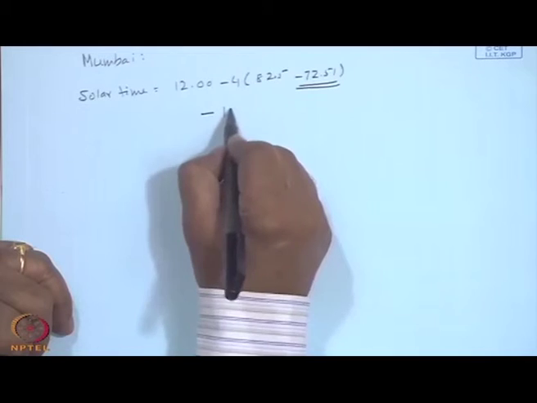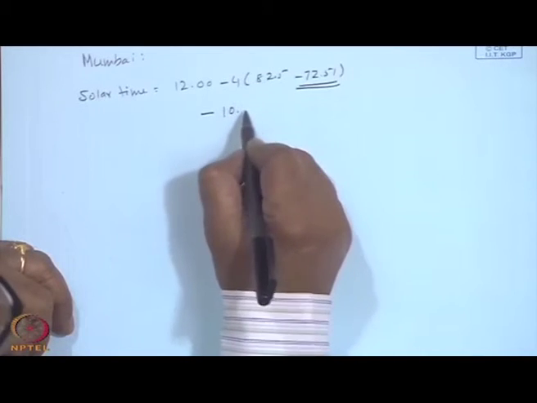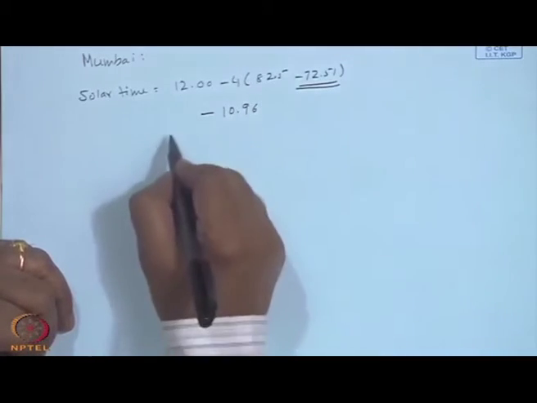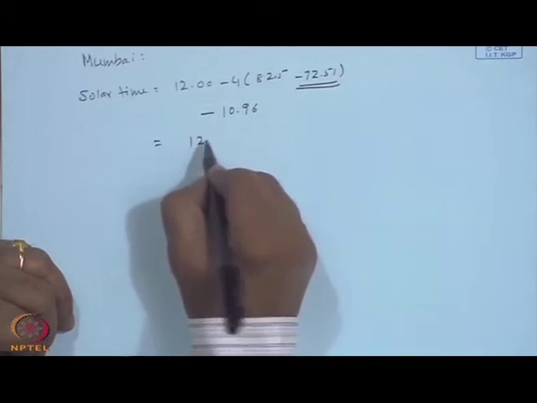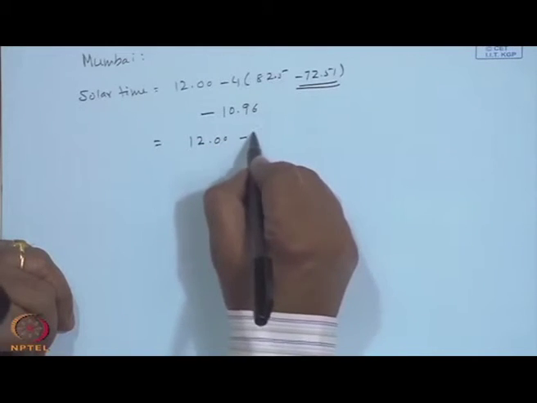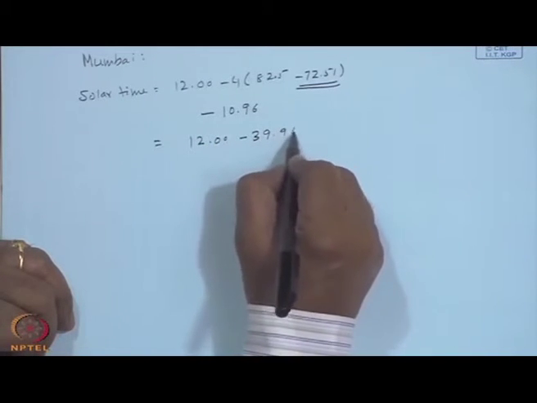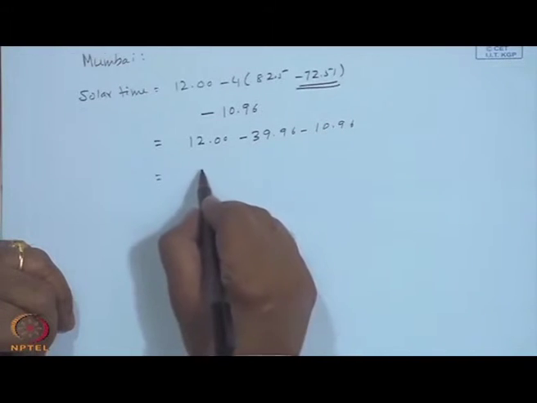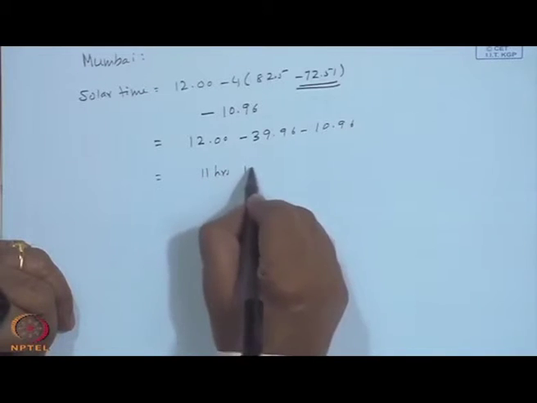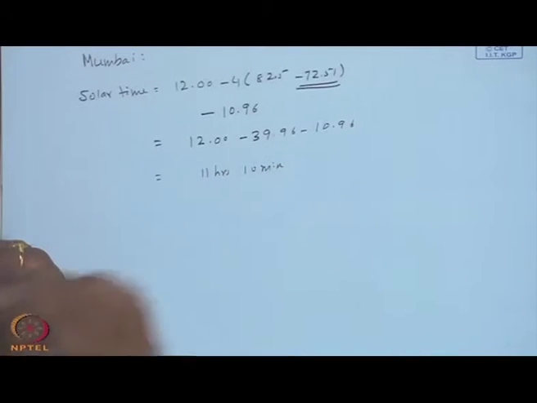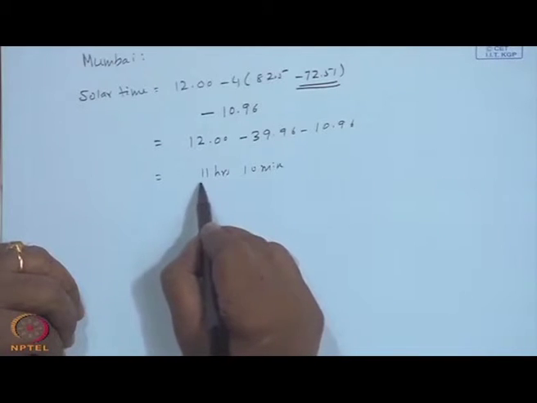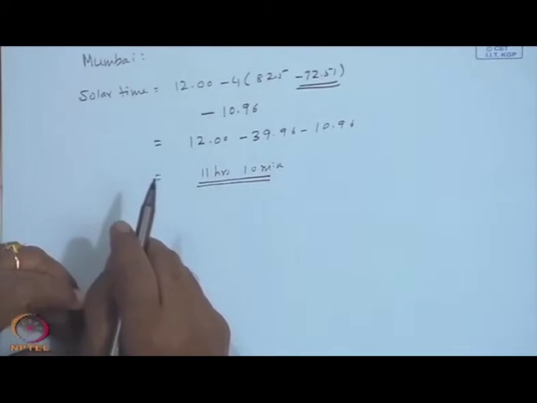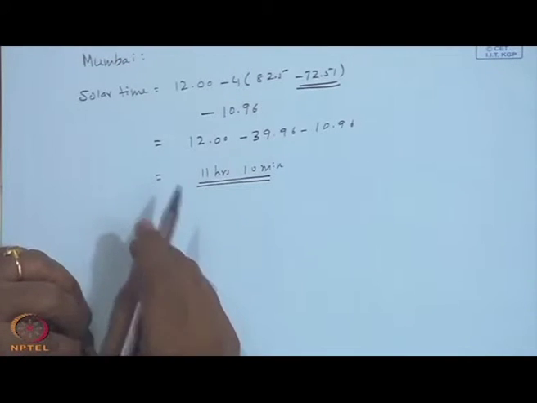Minus, of course, the equation of time, which is independent of the latitude or longitude, given by minus 10.96, which will become 12:00 minus 39.96 minus 10.96, which will come to 11 hours 10 minutes. So, you will find that there is a 50 minutes difference between the standard time and the solar time in Mumbai on January.